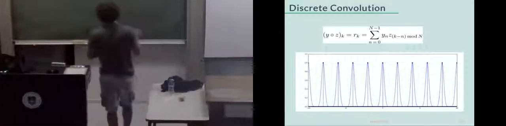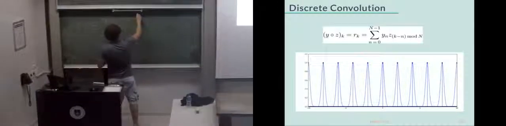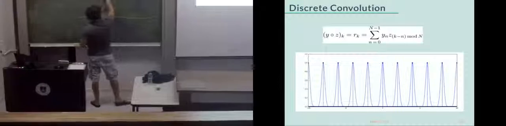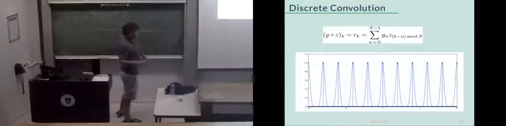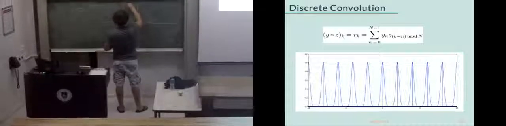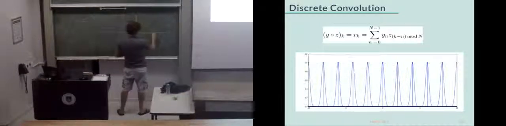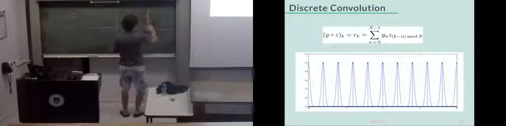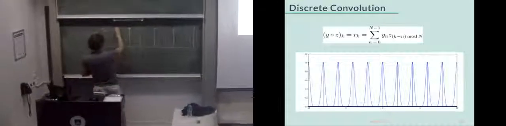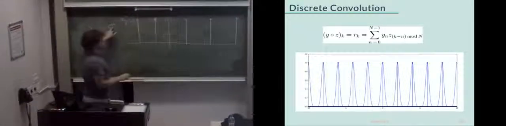So what is the Dirac comb? Do you remember? It's just a sequence of Dirac deltas. If you think about it discretely, the Dirac delta is just a whole bunch of points at which the function evaluates to 1. What does this look like?